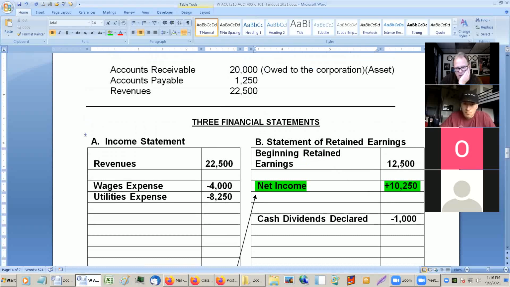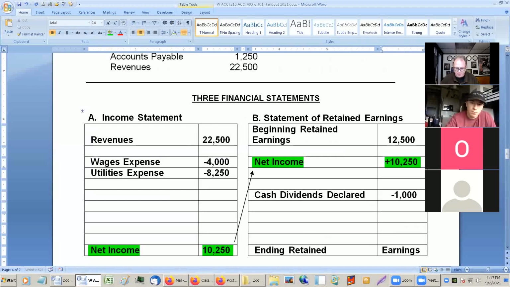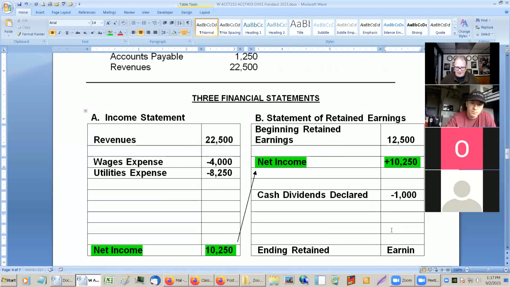Okay, so we started out with 12,500 into the piggy bank. We added another 10,000 to the piggy bank, but then we took out 1,000. So the ending retained earnings, let me try that again.